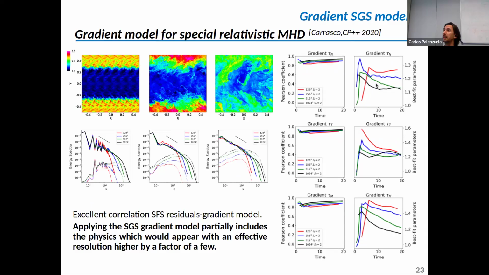It's close to 1, and the proportionality constant is also close to 1. So the model seems to be doing what it is supposed to do. It is including the effect of the small scales in the evolution of the large scales.